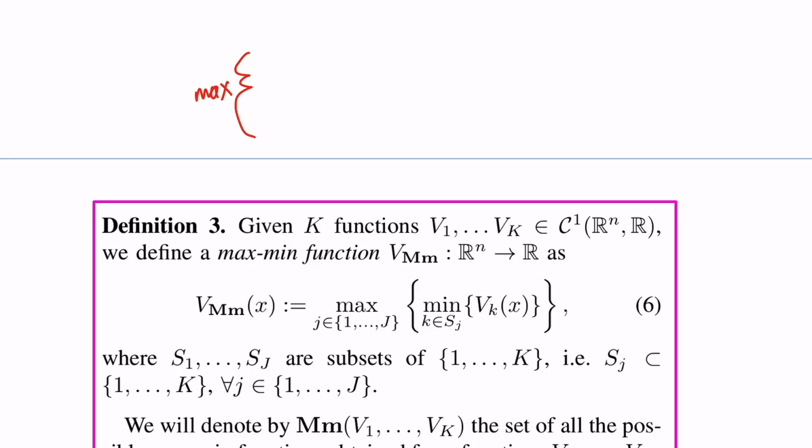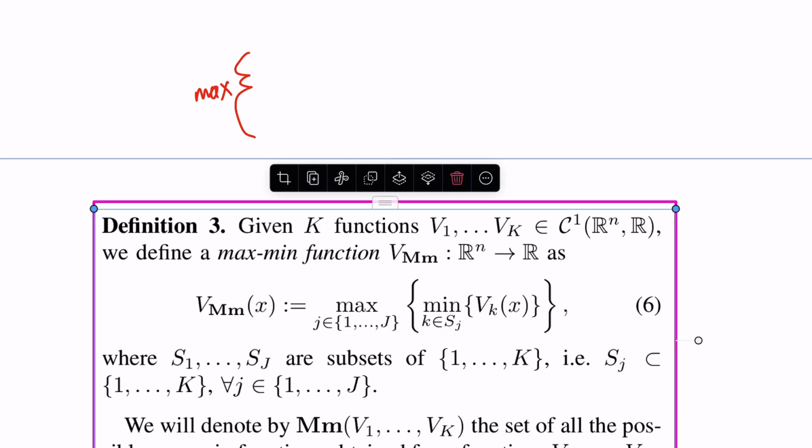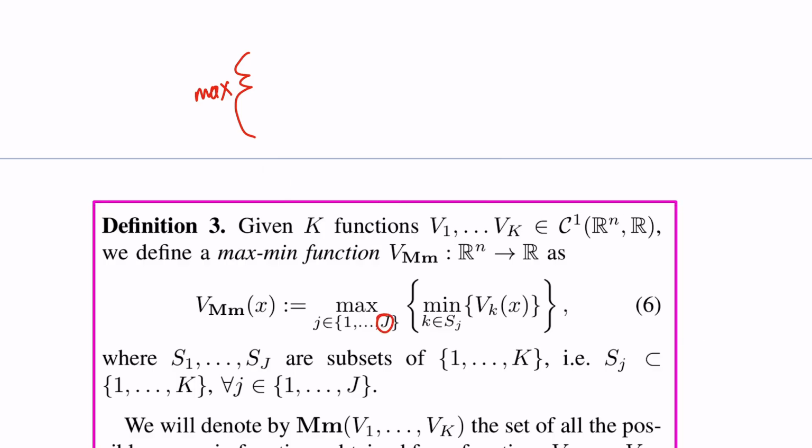Let's consider a big set, and let's say we have some capital J, let's say this is 3. Then min of, let's say, S1, S2.